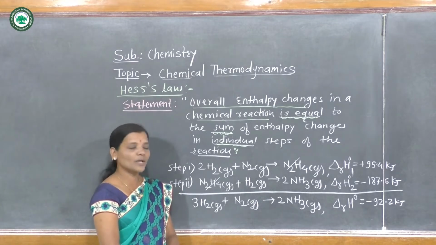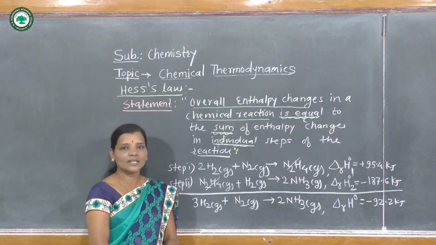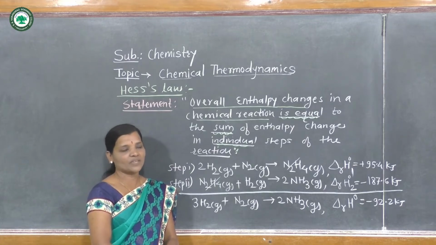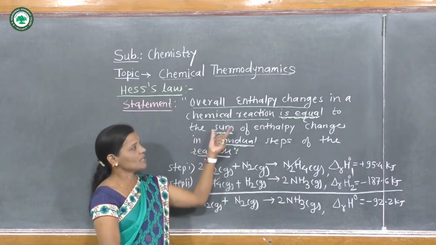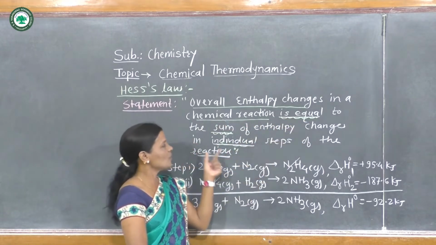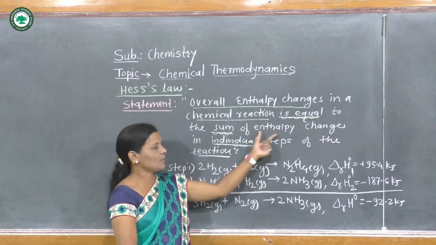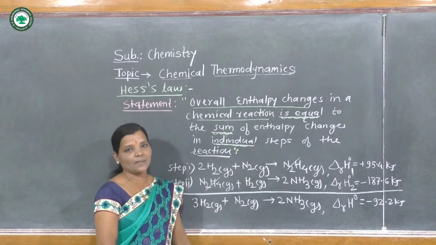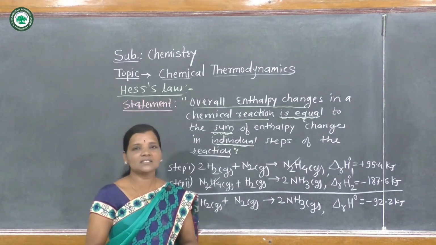Then according to Hess law we can find out the enthalpy change for the chemical equation, and that is the application of Hess law. Hess law states that the overall enthalpy change in a chemical reaction is equal to the sum of enthalpy changes in individual steps of the reaction. And we have seen this concept.